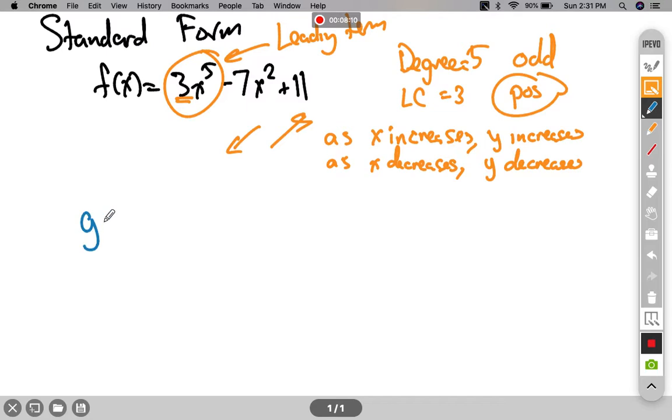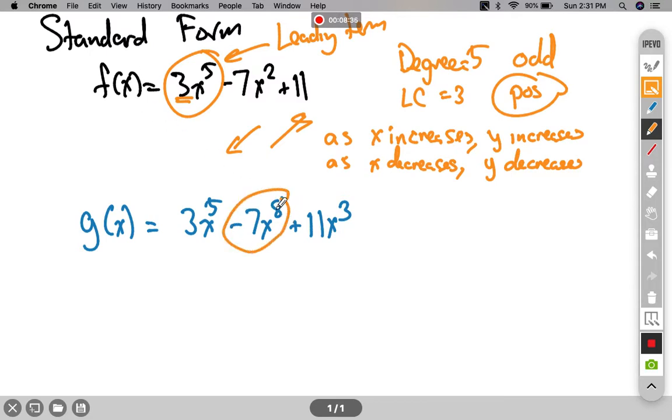Let's go g of x equals 3x to the fifth minus 7x to the eighth plus 11x to the third. Now this is written as a sum or difference of terms, but it's not in standard form because the highest exponent is not up in front.